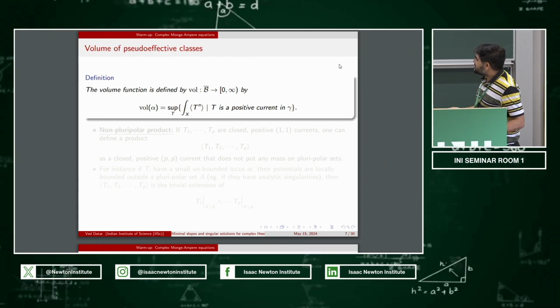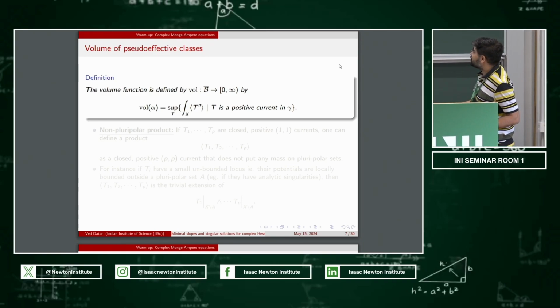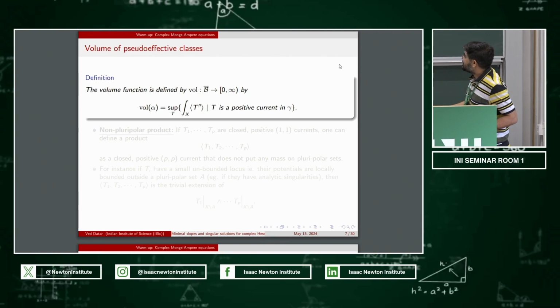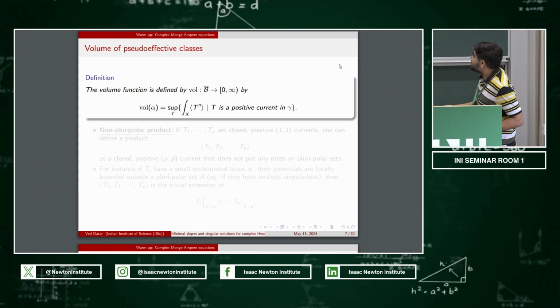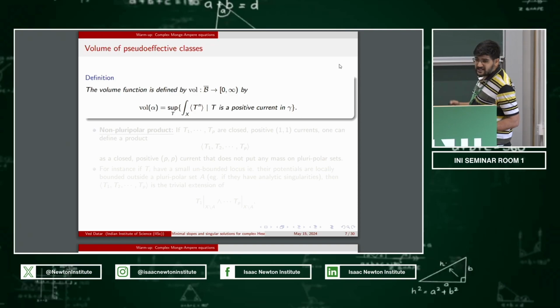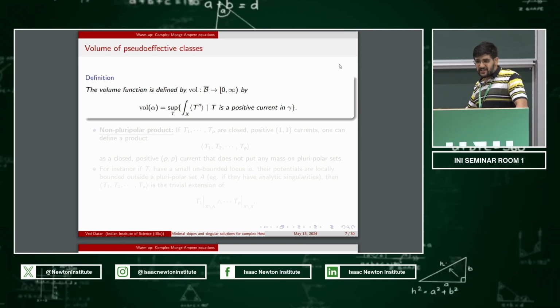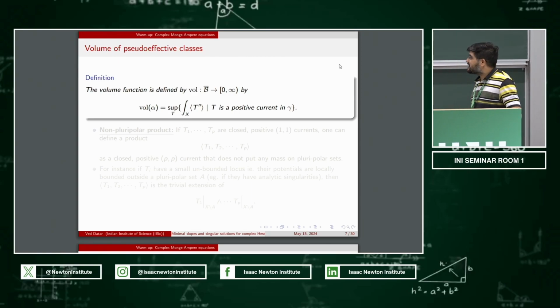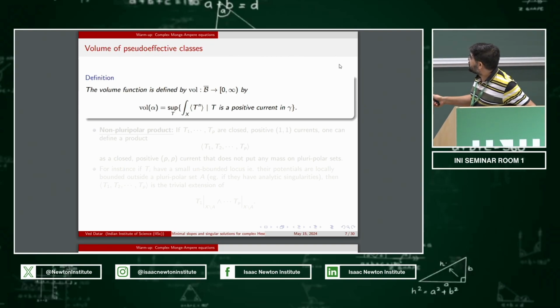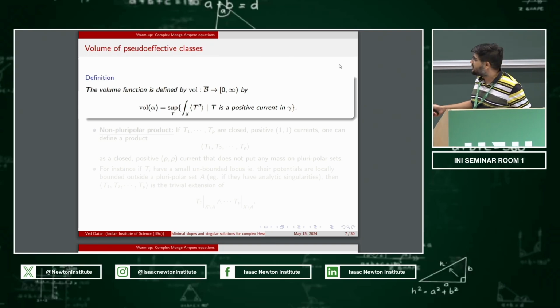In his lecture, he defined this volume by taking the supremum over a set of currents with analytic singularities. I want to actually take the supremum over a slightly larger class of currents, namely all positive currents. But then you have to replace the usual Monge-Ampère operator by the non-pluripolar product.